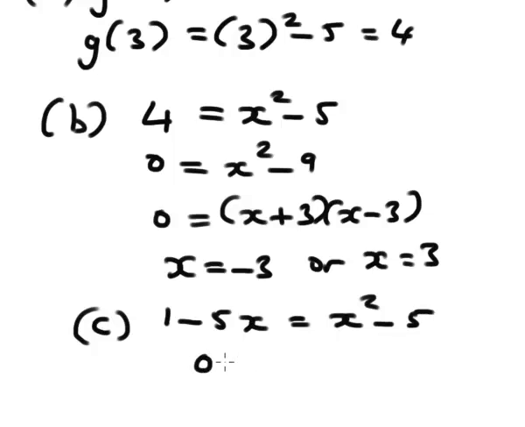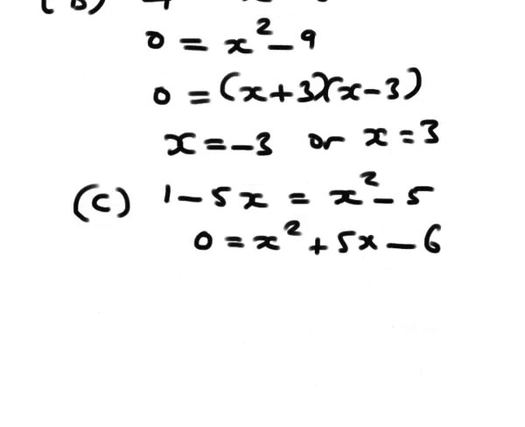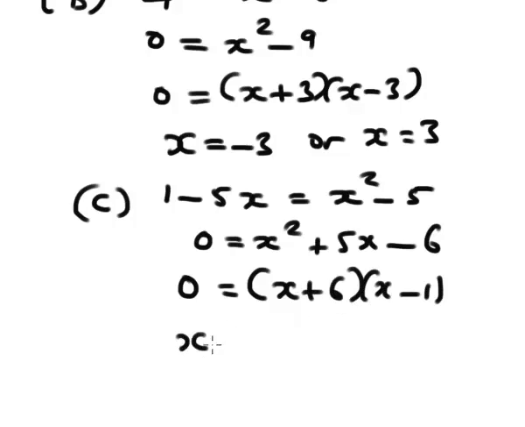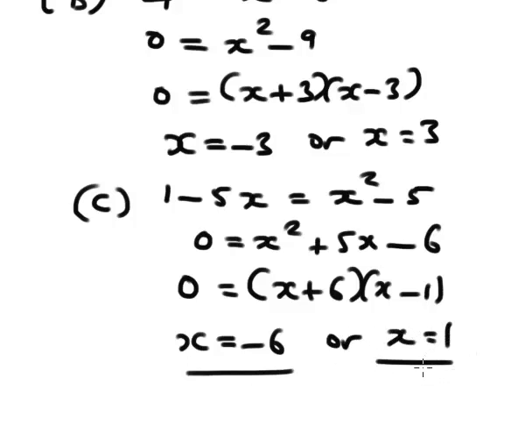So what does this give us? 0 is equal to x squared plus 5x, and then it's minus 6 if you bring that across. So 0 equals x plus 6, x minus 1, so x is equal to negative 6, or x equals 1. There we go. Cool.